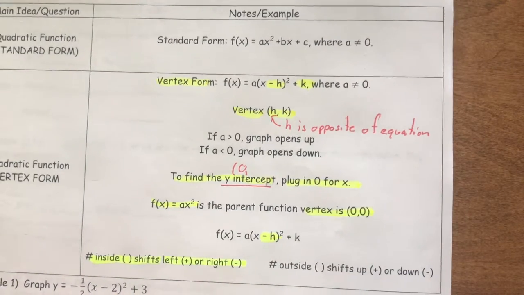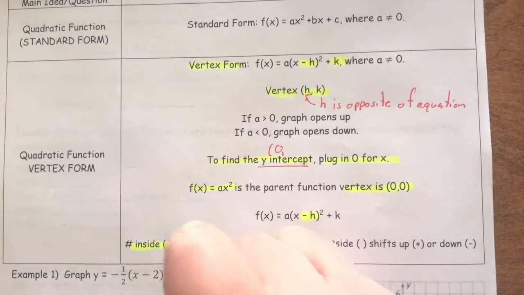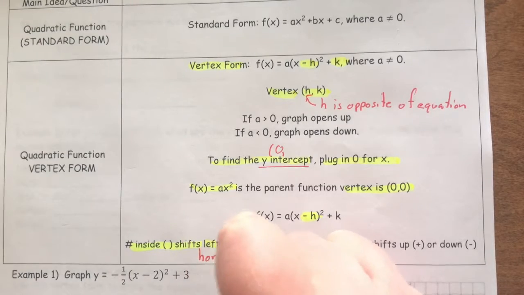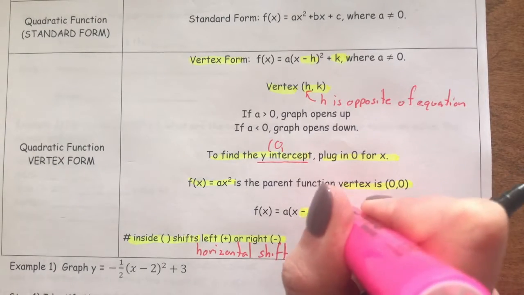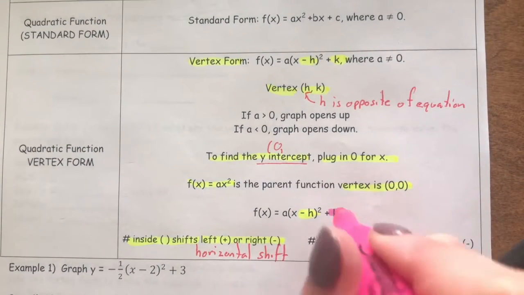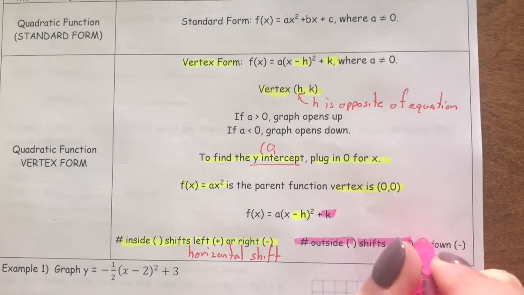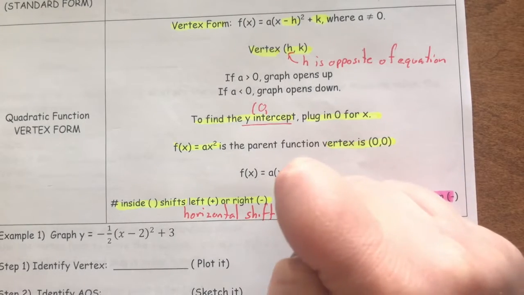It'll shift the equation left or right. So we'll call that horizontal shift. And the number that is outside is going to be our vertical shift, our k value. So that's the number outside of the parentheses. Our vertical shift will shift it up or shift it down. So we'll label that our vertical shift.